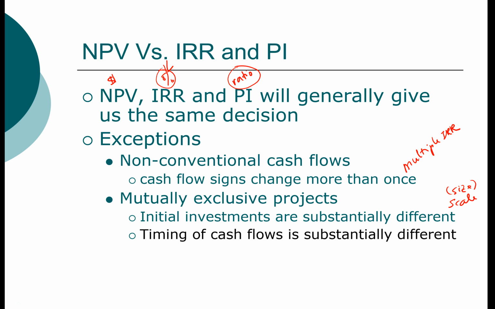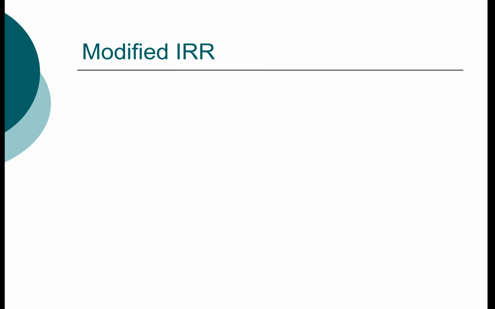So in this video, we're going to first address this problem. When we have non-conventional cash flows and we have multiple IRR, how do we address that? A solution is to compute something called the modified IRR. The modified IRR is computed using 3 steps.